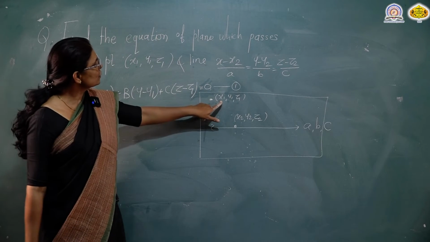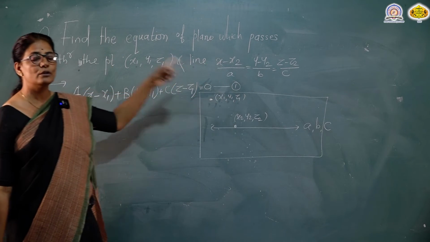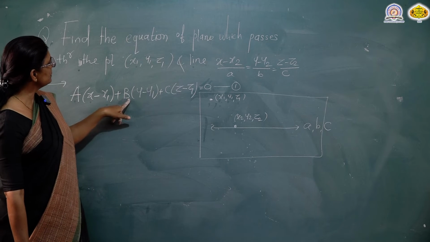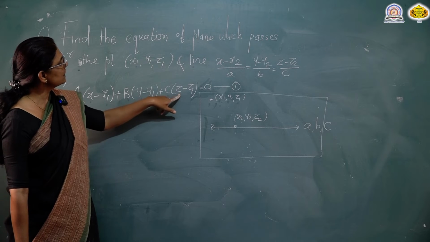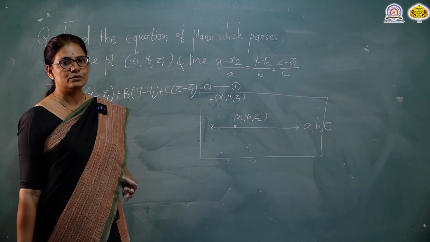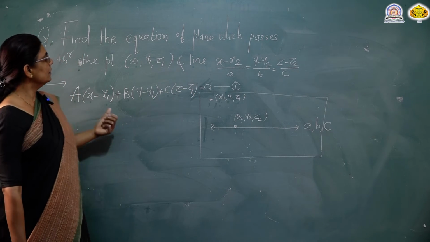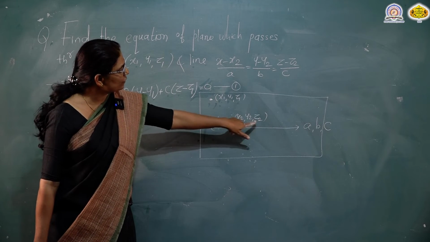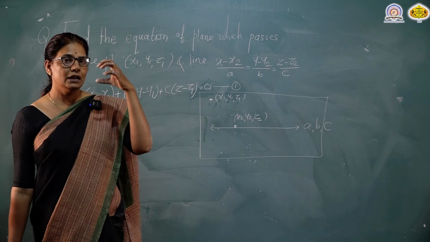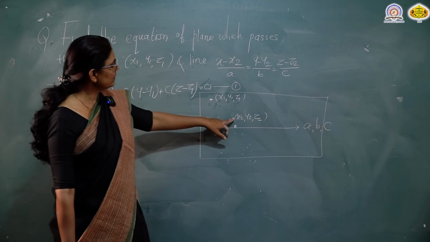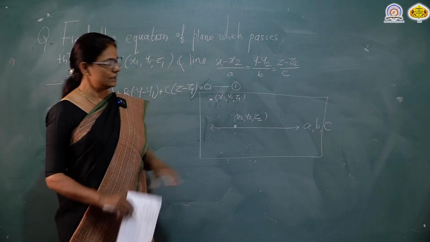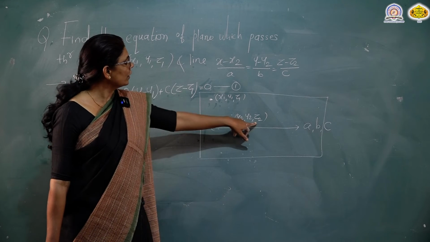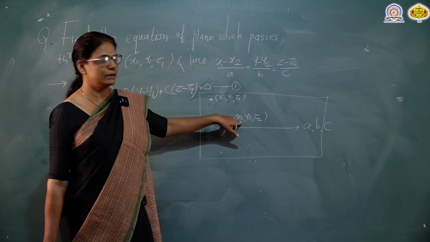The required plane is passing through the point x1, y1, z1, so its equation is in the form capital A into x minus x1 plus B into y minus y1 plus C into z minus z1 equals 0. Next, the plane is also passing through the point x2, y2, z2, because this line lies on the plane. So the coordinates of this point satisfy the equation of the plane, that is equation 1.